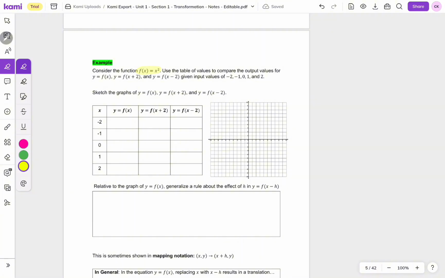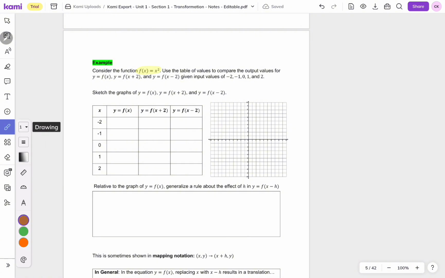All right. So we just have to remember that f of x here, our specific function, is x squared. So if I go -2 squared, well, that's going to give me 4. -1 squared, 1. 0 squared, 0. 1 squared, 1.